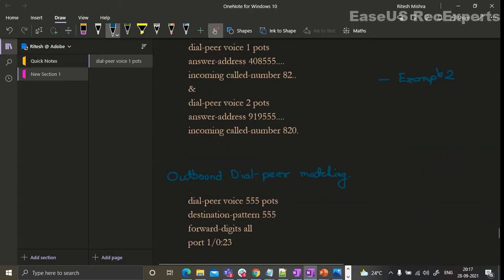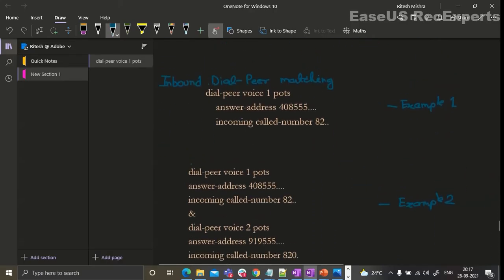So let's have a look here. This is my dial pair example 1, and my DNIS or the called number is 8193, and my ANI or the calling number is 408.555.0123.